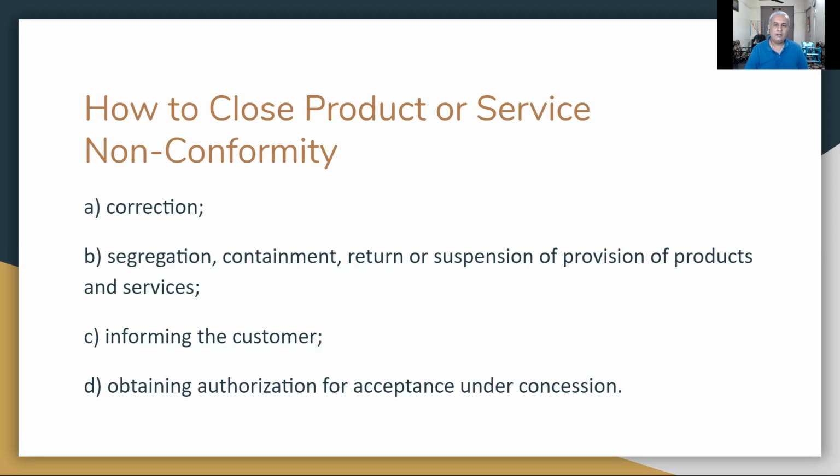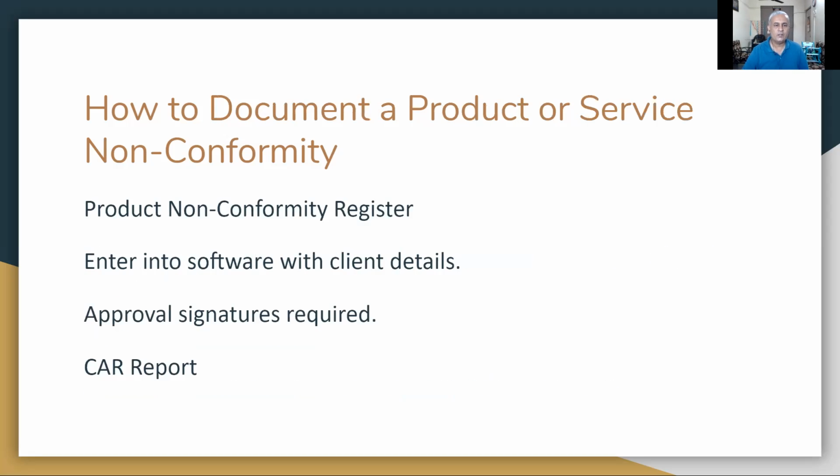Now let us see how to close a product or service non-conformity. A product or service non-conformity is first to be registered. That means there should be a central register which is kept in the production department or in the quality control department, where product non-conformity is mentioned with all the details of the product and the defect.